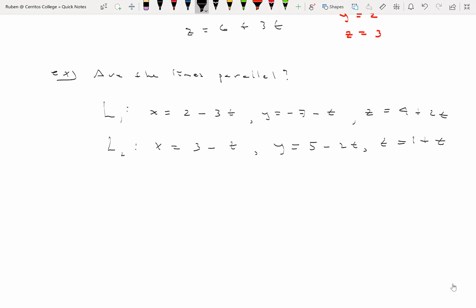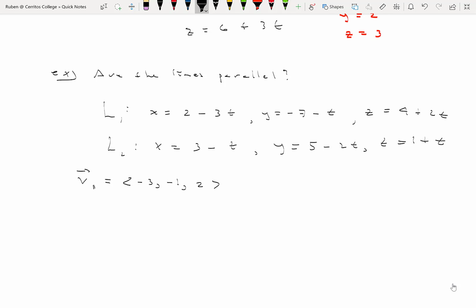Well, we don't have slopes anymore. We have direction vectors. So we're going to replace the concept of looking at the slopes to determine whether lines are parallel with looking at direction vectors. So on the first line, we have, let's say, the direction vector v1 given component-wise by (-3, -1, 2).